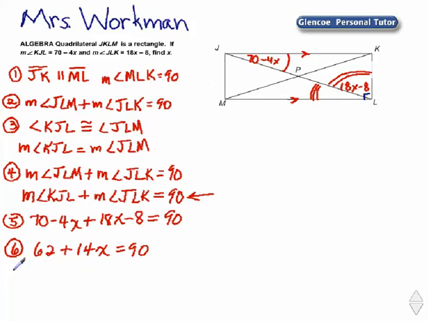Let's subtract 62 from both sides. 14x is equal to 28. And finally, let's divide both sides by 14. And we finally get that x is equal to 2. So these steps, again, were algebraic equation solving.